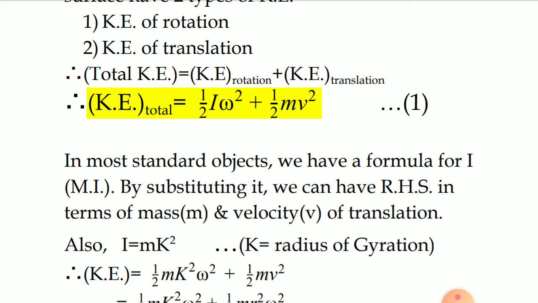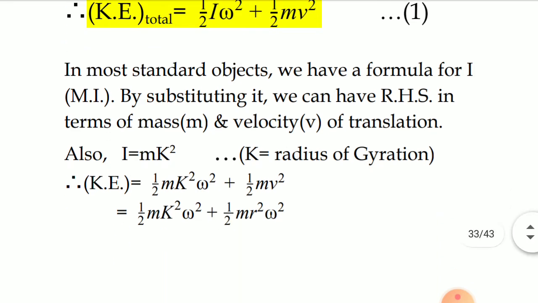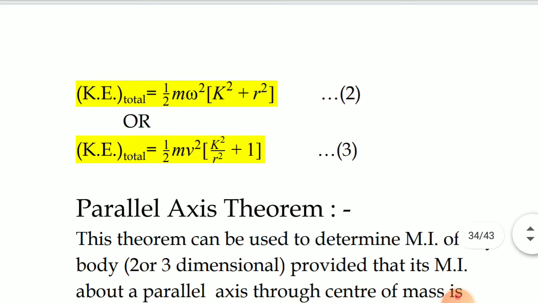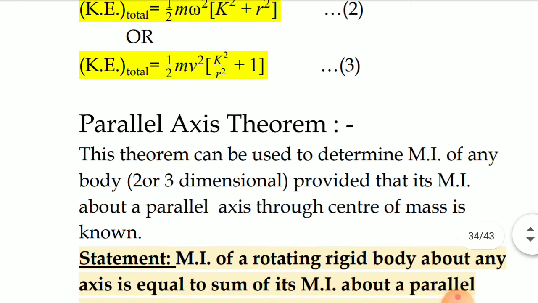Instead of the moment of inertia of a rolling body, because all those objects which roll over a surface are standard objects and their moment of inertia about the standard axis of rotation is known to us, it is always better to put those formulae and have everything converted in terms of mass and the linear velocity, or linear speed, of the object. So that was all about the total kinetic energy of a rolling object.